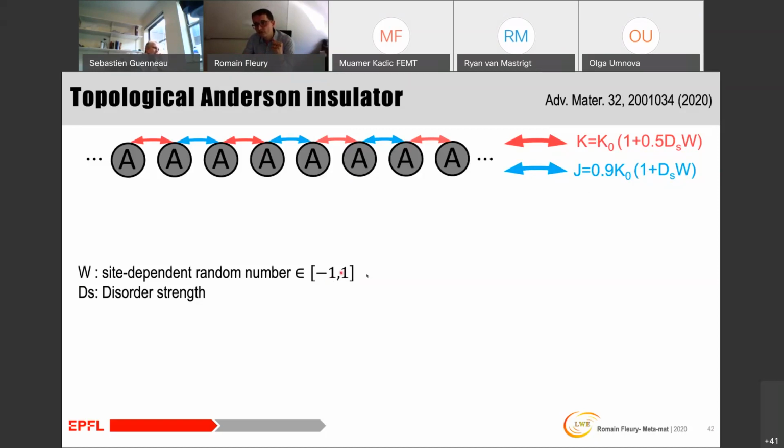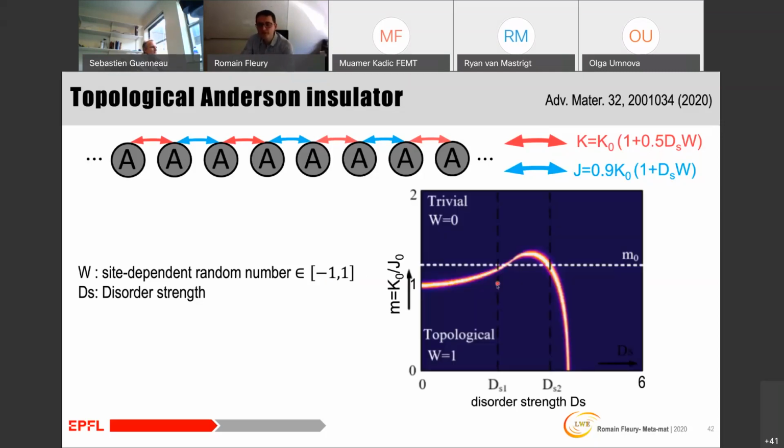But what is the difference between those two disorders is the standard deviation. You see there is a factor 1/2 here. And that is very non-trivial, and that's what is going to create an Anderson topological transition driven by disorder. So this is basically the phase diagram. If there is zero disorder, here this is an axis for disorder, at zero disorder my system is there. It's in a trivial regime.